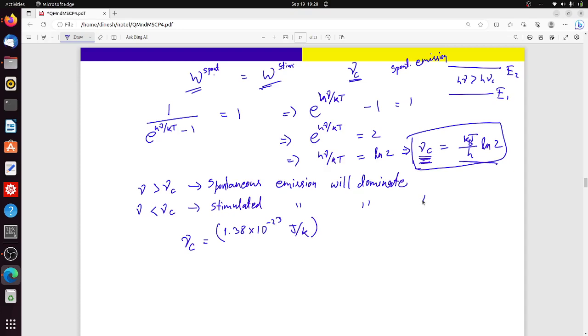Then T is given, 300 Kelvin. Now, do you know the Planck's constant value? This is 6.63 times 10 to the power minus 34 joule second, right? And there is of course this ln 2 factor. Can someone quickly calculate and tell me the numerical value?